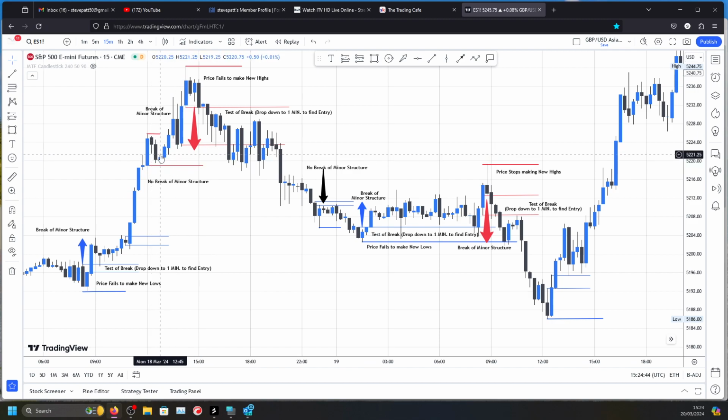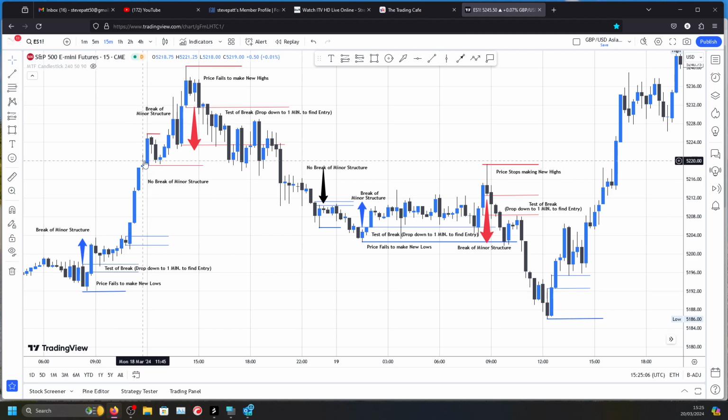So for me, this is more a pullback to go long off of this candle. So I wouldn't be looking to go short out of here, because I don't consider that a break of minor structure. I want to see a break of structure from the left.